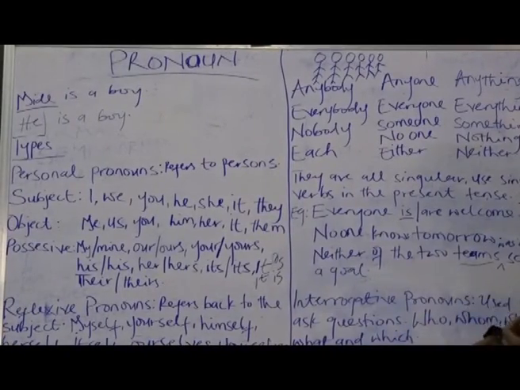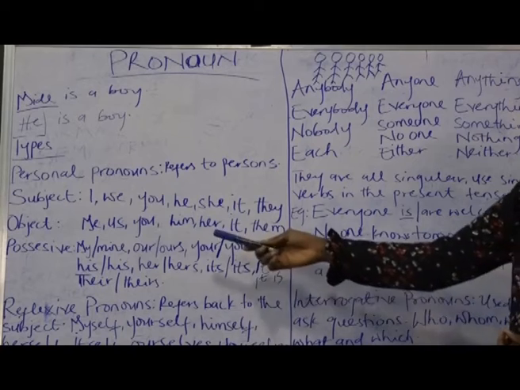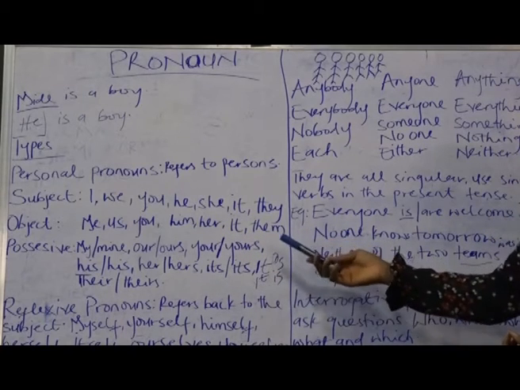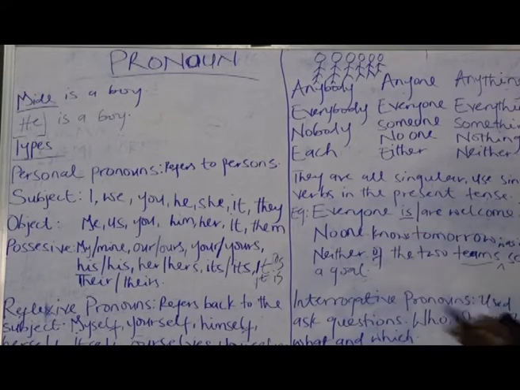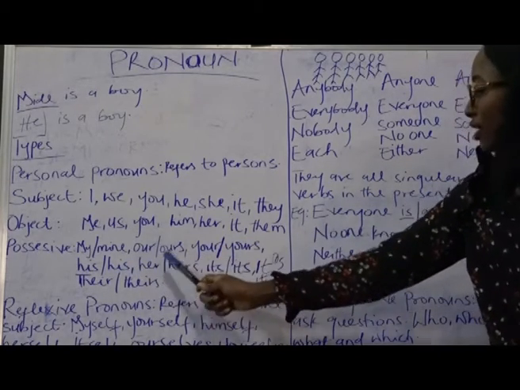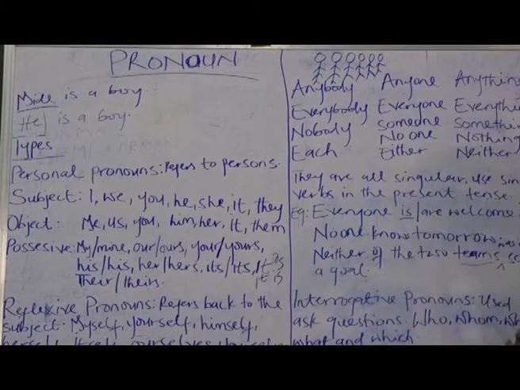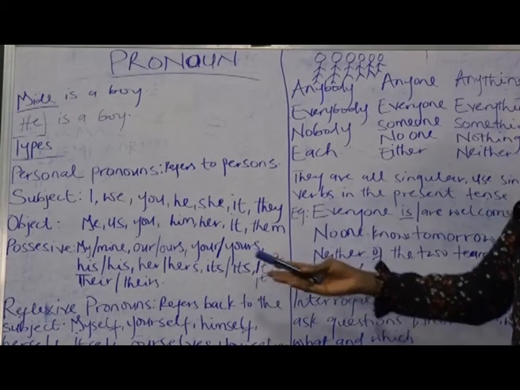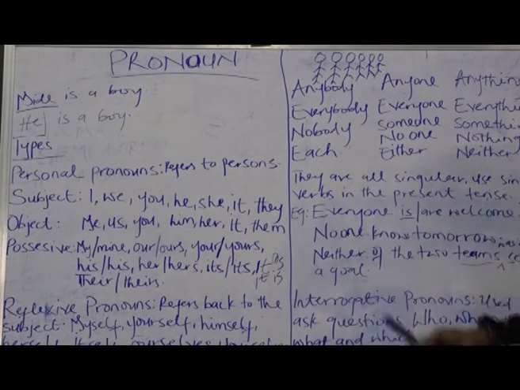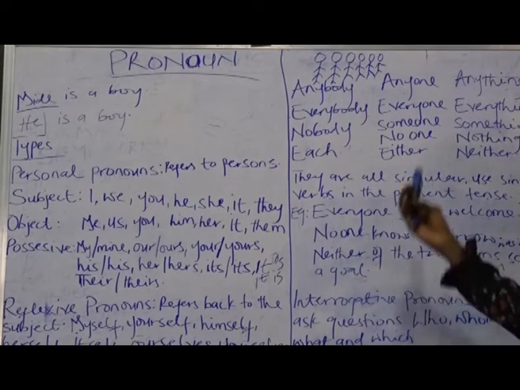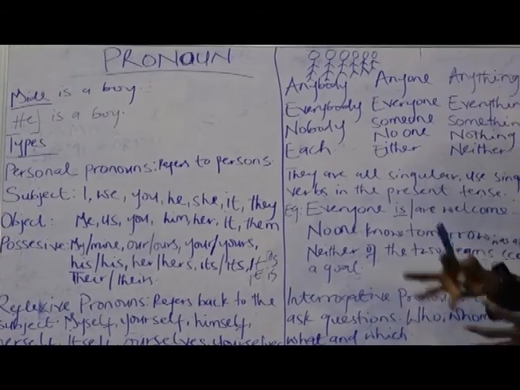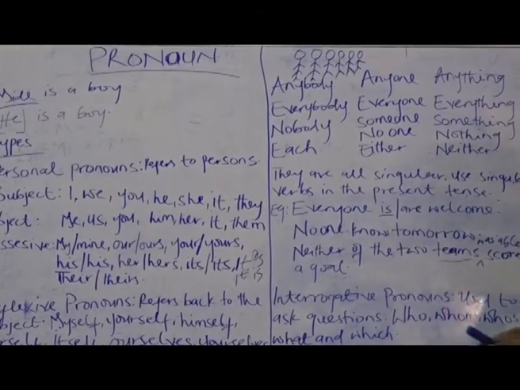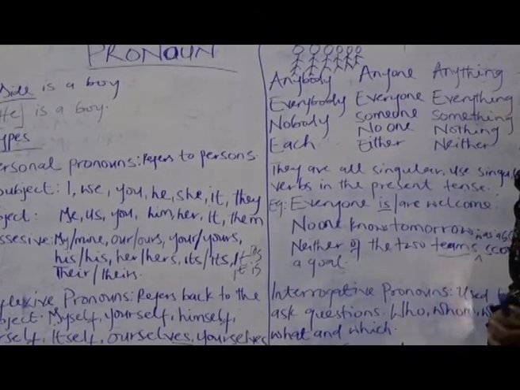And the possessive pronouns are used to show possession. My, mine, our, ours, your, yours, his, her, hers, and all of that. Now, we talked about the reflexive pronouns used to refer back to the subject, the indefinite pronouns that do not refer to a person in particular, and then the interrogative pronouns that are used to ask questions.